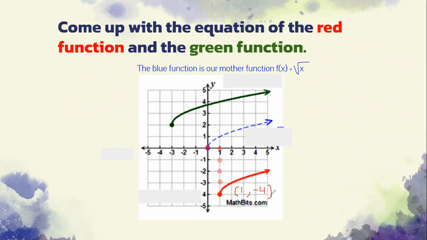I have moved to the right 1 unit and down 4. If I've moved to the right 1 unit, down 4, my function f of x will look like the square root of x. Remember, if I go right 1, opposite would be -1, and down 4, -4 on the outside.